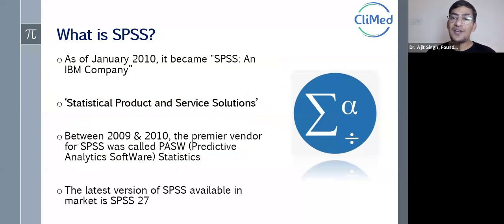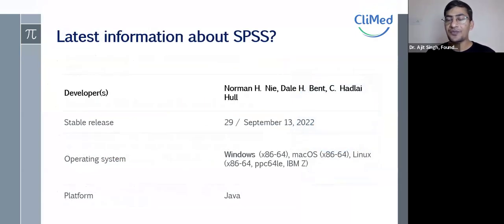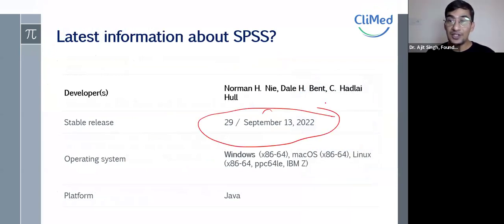The latest version of SPSS is 29. I am still using 22 because that is the university version, which the university gave us 10 years back. I'm still using that. It is very, very costly, guys, but I'll tell you how to download it for free and how you can even purchase it. The 29th version was released on September 13th, 2022.